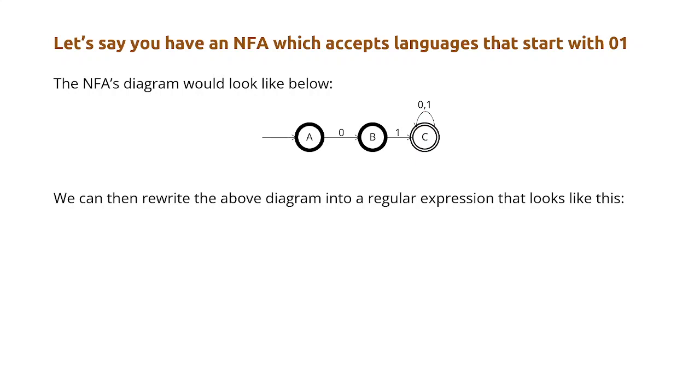So we can then rewrite the above diagram into a regular expression that looks like this. So first, you can notice nagsunod ang 0 and 1, di ba? Yeah, nagsunod lang sila. They're continuous. So we can write a regular expression like this. 0 followed by a 1.